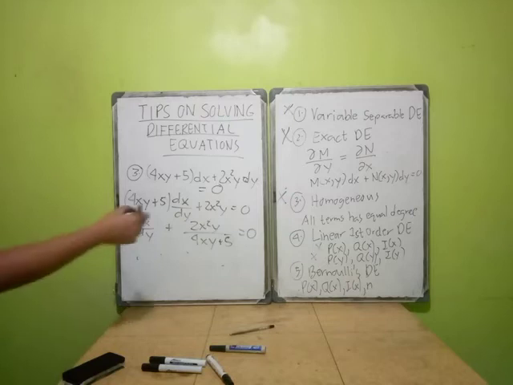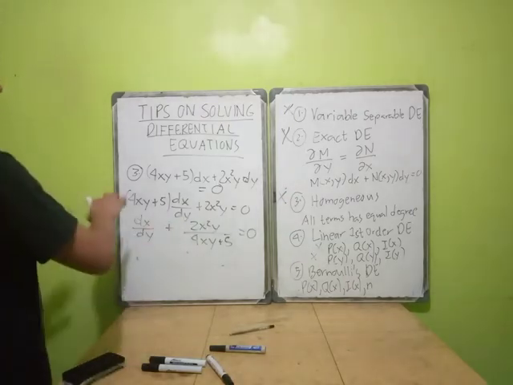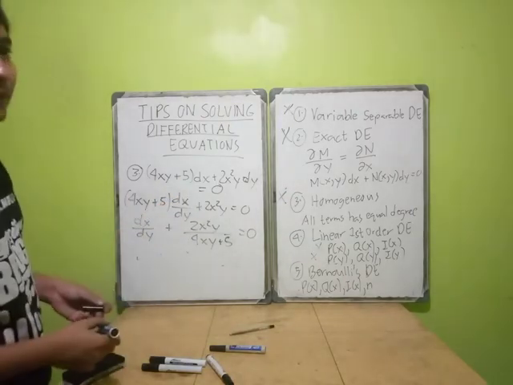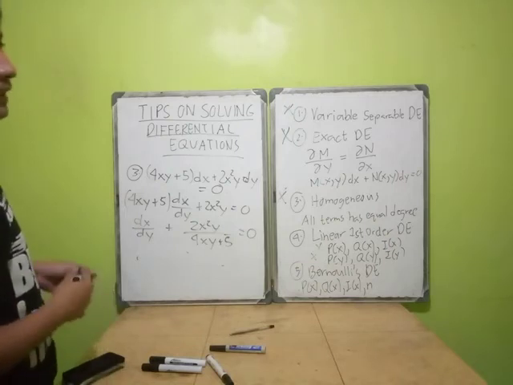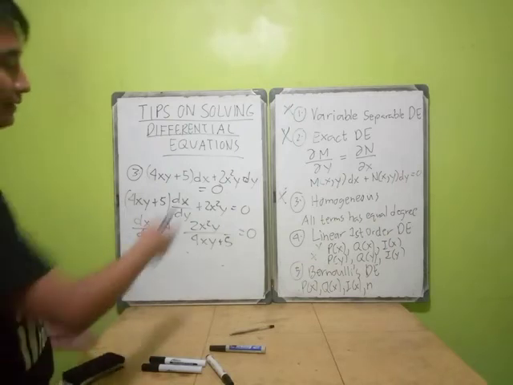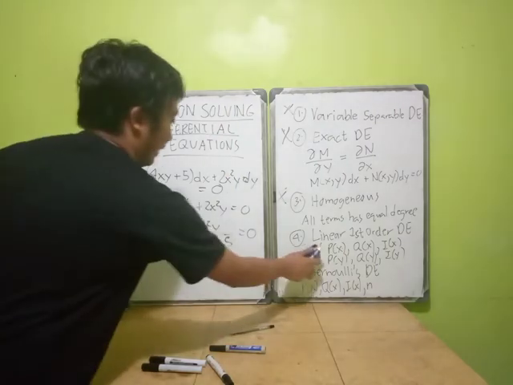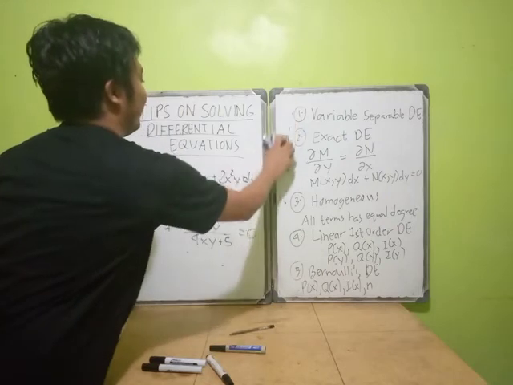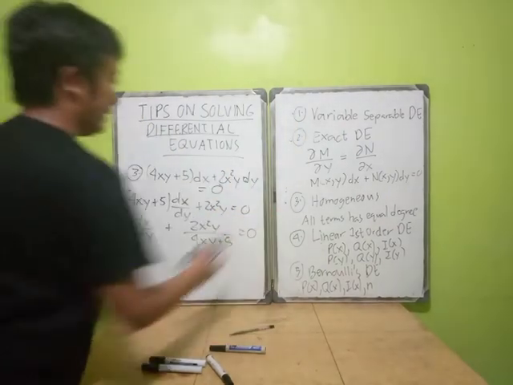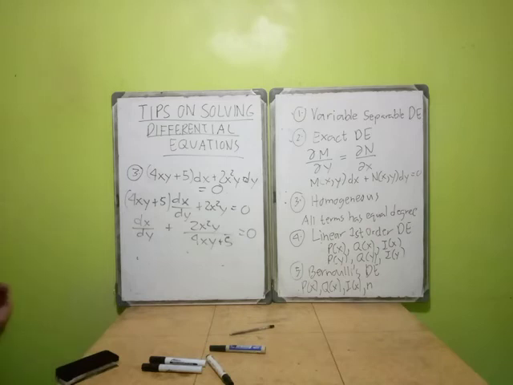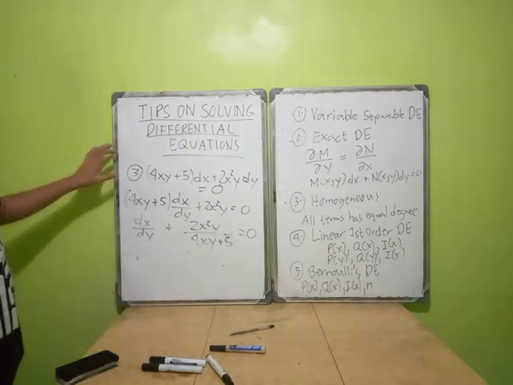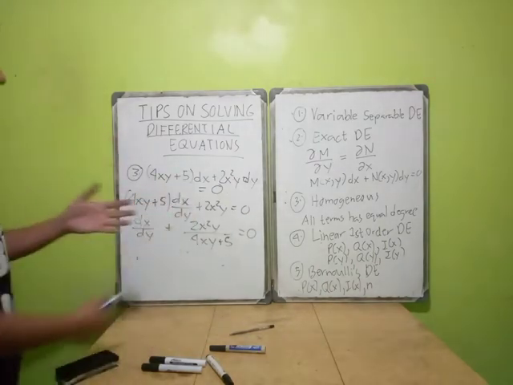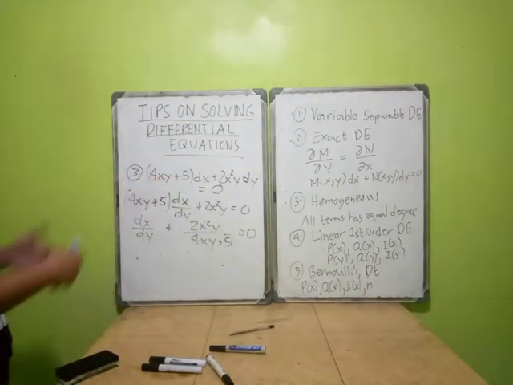Okay, so ito, none of the above. So, ibig sabihin, this differential equation might not be possibly answered with all of these 5 methods. So, maybe in the substitution method. Nais ko lang ituro sa inyo na may differential equations talaga na hindi mo ma-solve with all these ordinary steps we have previously discussed.